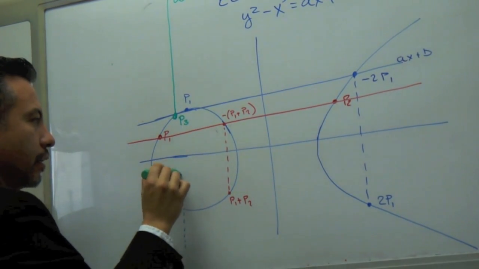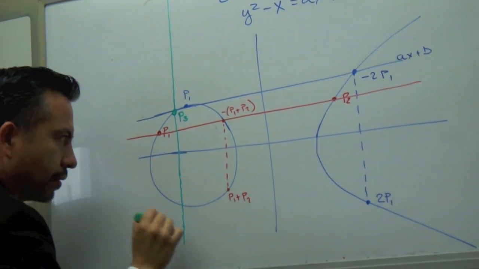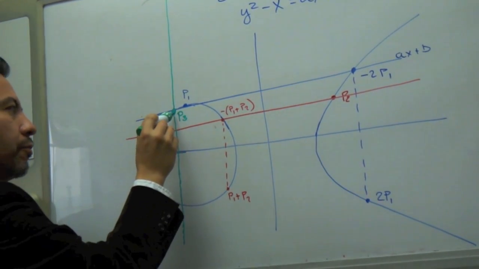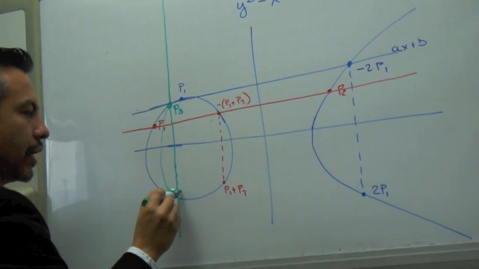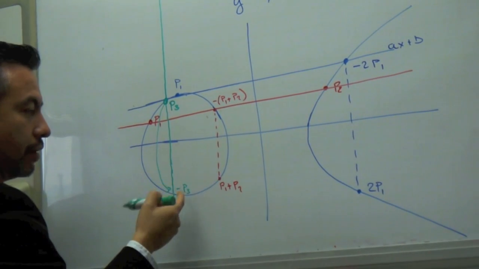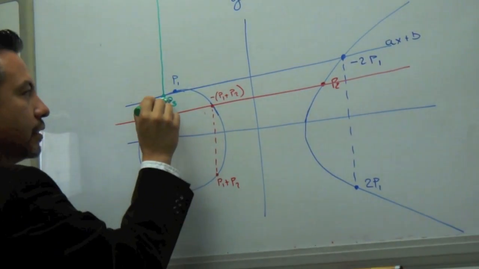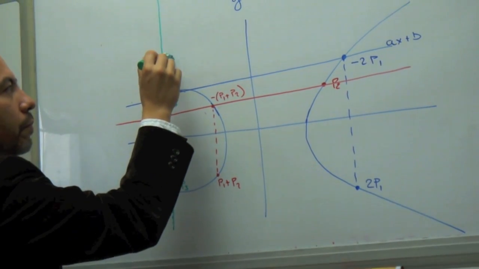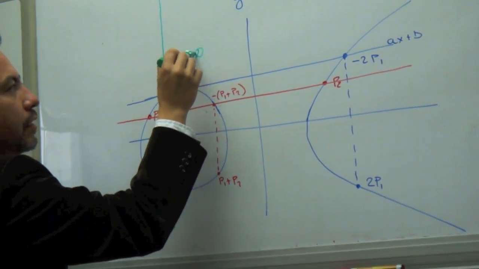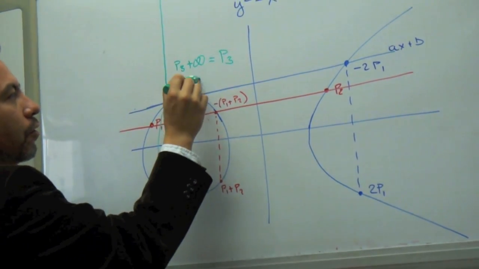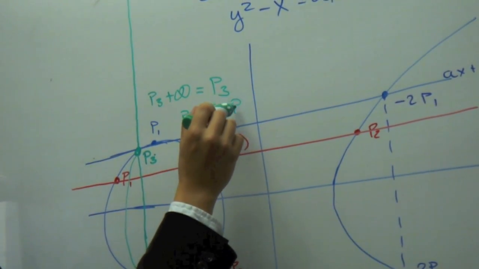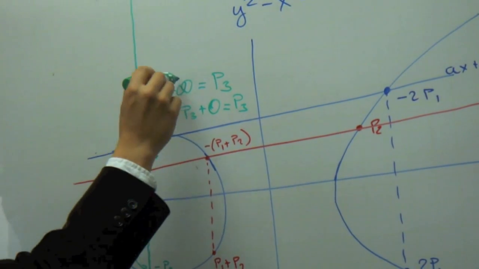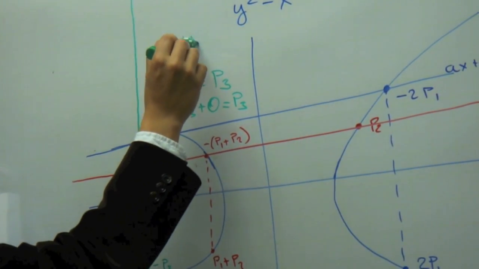And then eventually arrive here. This will reflect here, right? So this is my negative, this is the inverse. And then if I go back, this is P3. So therefore, P3 plus the point at infinity is equal to P3. So therefore, infinity is our identity.